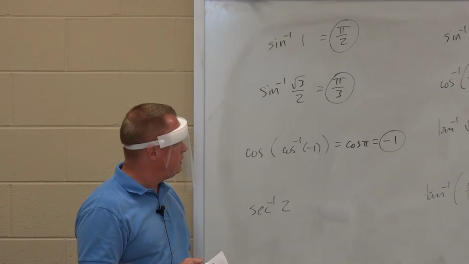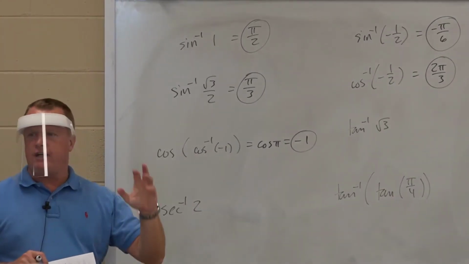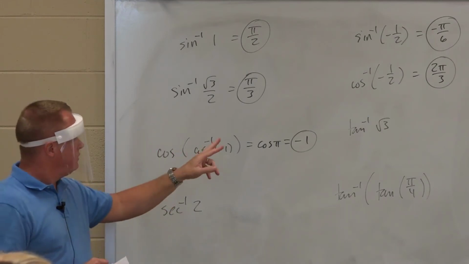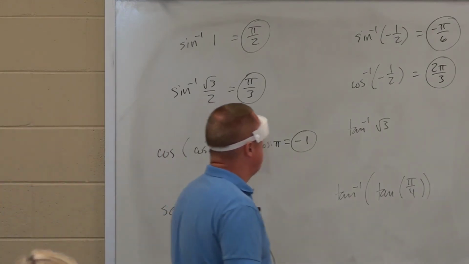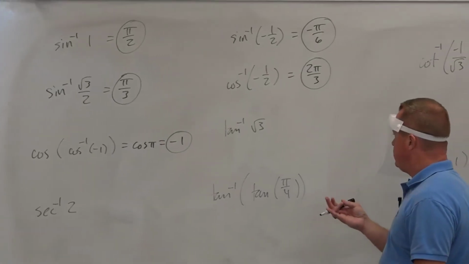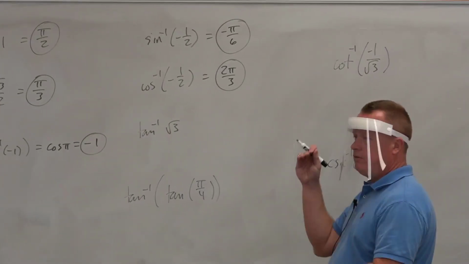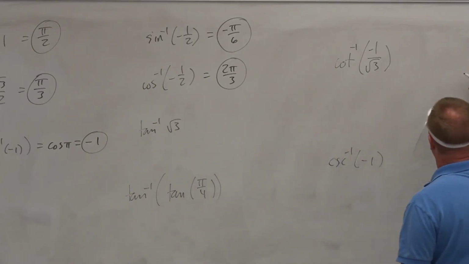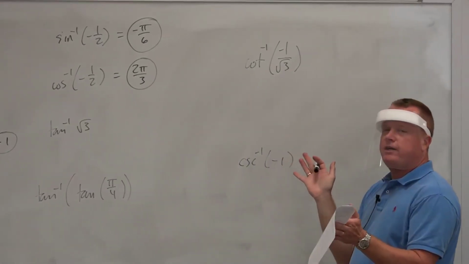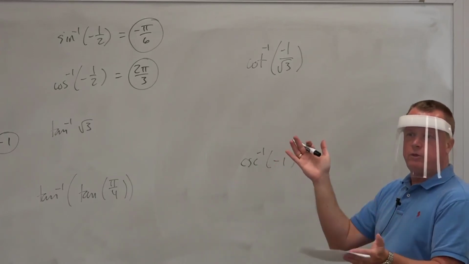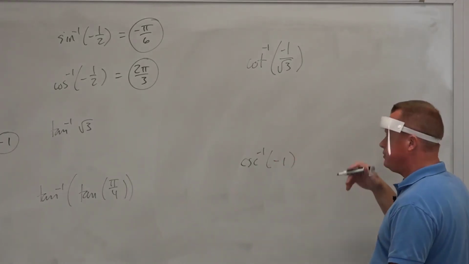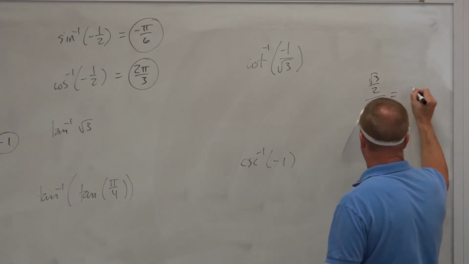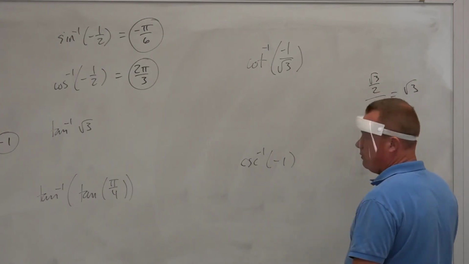Let's look at the 2 tangent ones. Inverse tangent is defined in quadrants 1 and 4, negative pi over 2 to pi over 2. So tangent is square root 3. Now remember, with tangent and cotangent, you're either dividing x by y or y by x. The root 2 over 2 angle is easy; that's 1. If you have root 3 over 2 divided by half, that reduces to root 3.